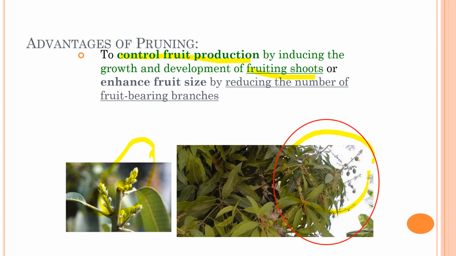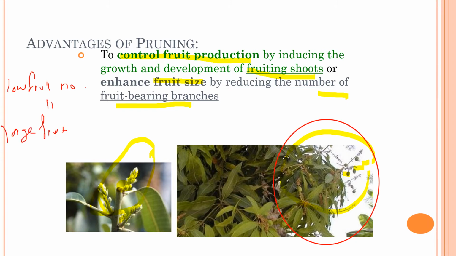So later on, when you have the fruits like this one here, you also want to reduce the number of fruit bearing branches because that will increase the fruit size. Why? Because of less competition. If you have less competition, that means you have a low fruit number, which means large fruit size.